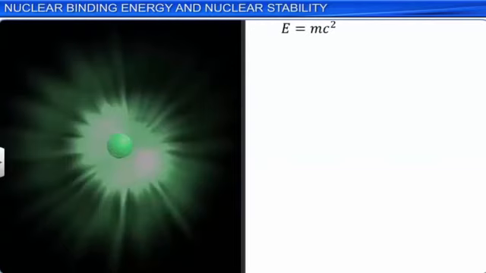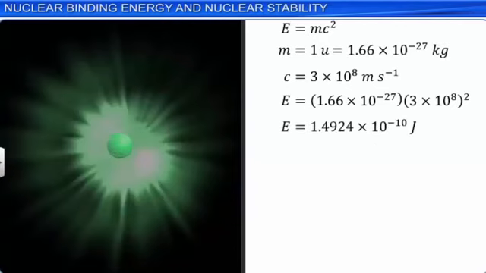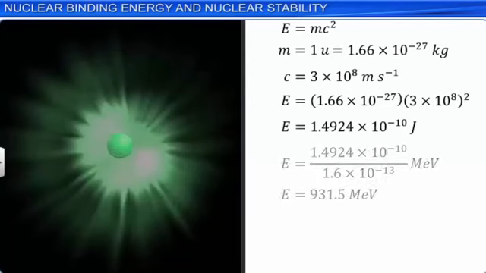Substituting mass m as 1 AMU, which is equal to 1.66 × 10^-27 kilogram, and speed of light c equal to 3 × 10^8 meter per second, and simplifying, we get E equal to 1.4924 × 10^-10 joule, which can also be expressed as 931.5 million electron volt. Let this be equation 1.